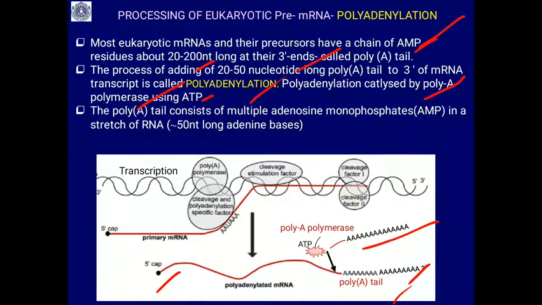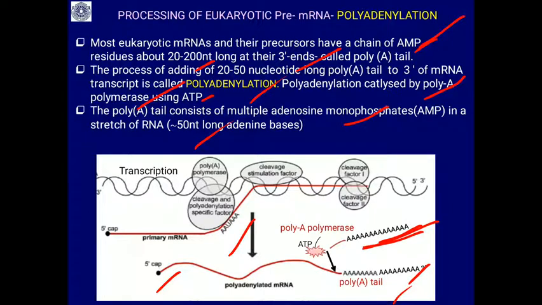This poly A tail consists of multiple adenosine monophosphates; this ribonucleotide contains only adenine base. At a stretch of around 50 nucleotides usually, sometimes more than that. During the termination of eukaryotic transcription, you will see the sequence AAUAA.